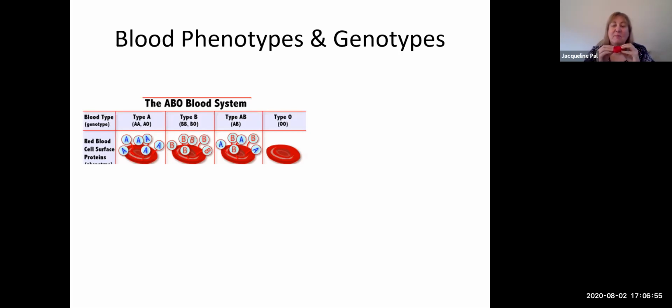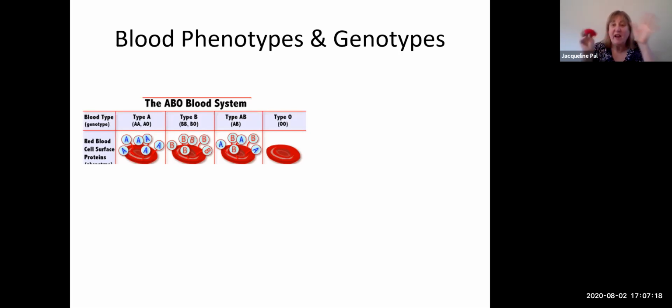Now, if you're type AB, there is nothing called an AB. Type AB means you have both A's on the surface and B's on the surface. And type O, well, that never was an O. It used to be a 0, as in null, as in nothing. It means the surface is naked, okay?